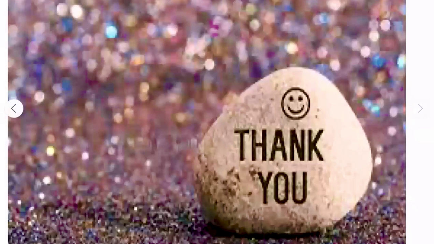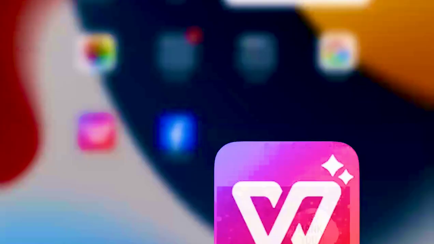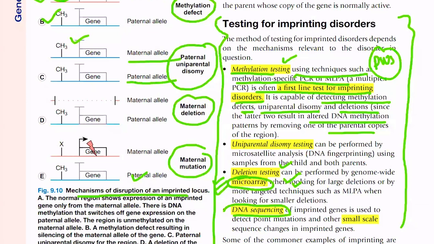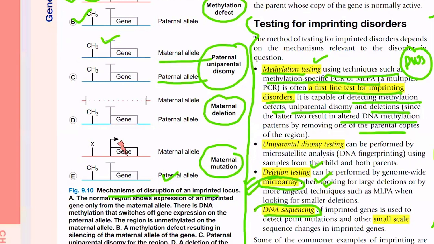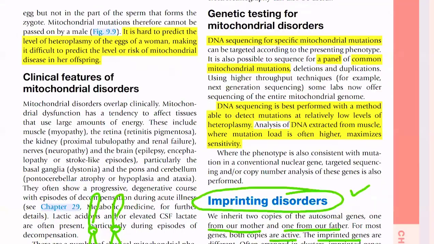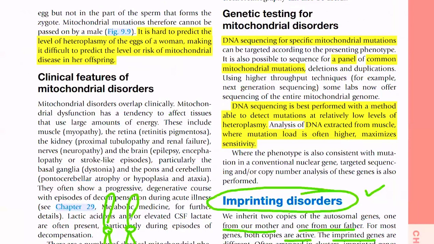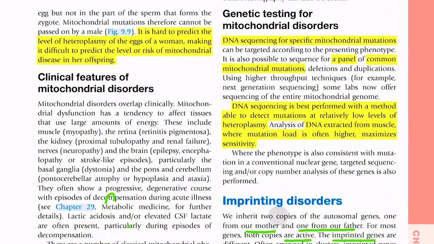Methylation defect, okay. This one, basically, Dr. Hira, the answer for that question: see here, methylation defect is basically detected in your Prader-Willi syndrome.